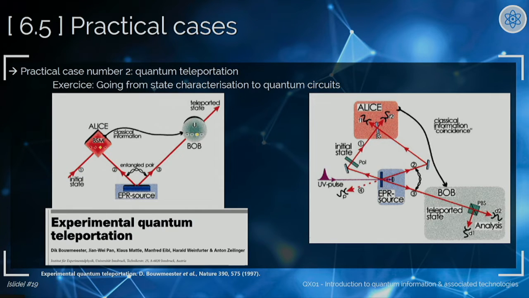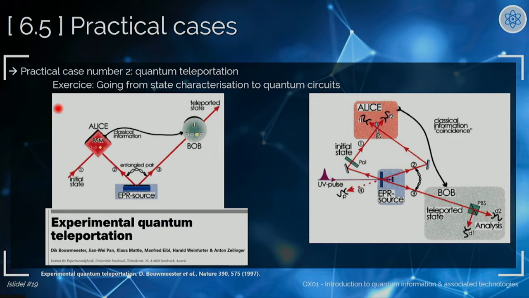We've seen the same scheme that we just saw. We have the two protagonists, Alice and Bob. We have a source of entangled photons. They call it an EPR source, for Einstein, Podolsky, Rosen, but whatever. What you need to know is that here A, B are called 2 and 3. So 2 and 3 are entangled. And then you have the initial state 1, so the C state.